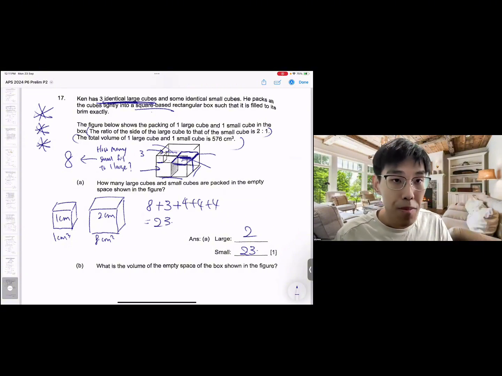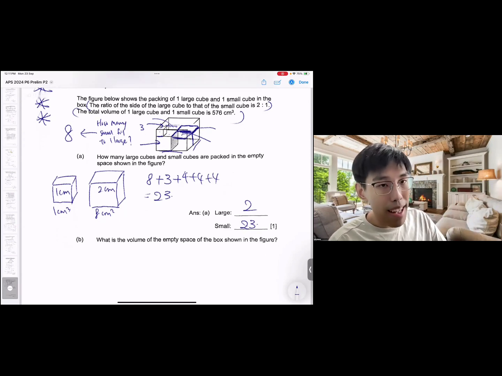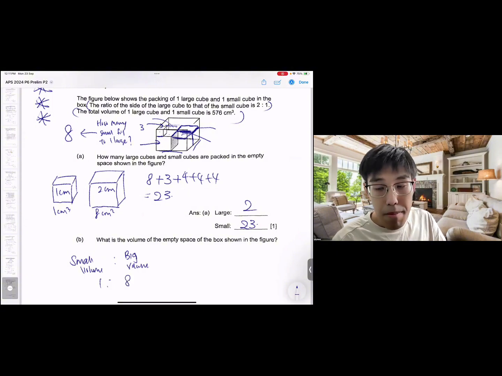Let's find over here. One large and one small cube is 576. And we already know by now how many small cubes fit one large: 8. That means the ratio of the small cube volume to the big cube volume is 1 to 8.